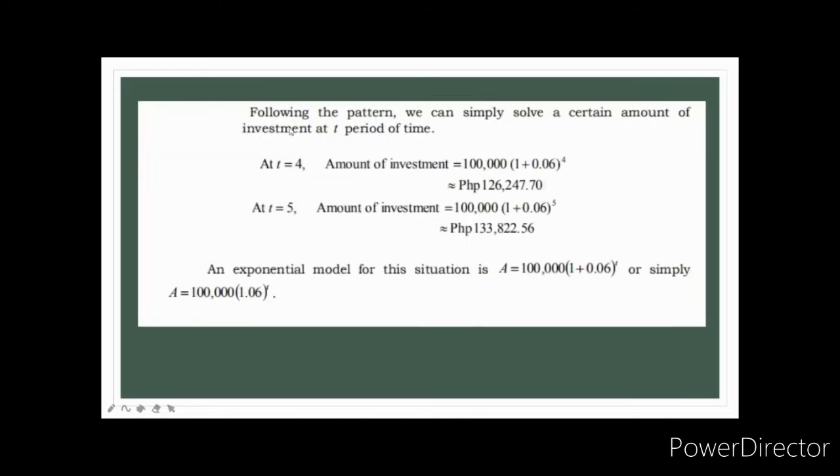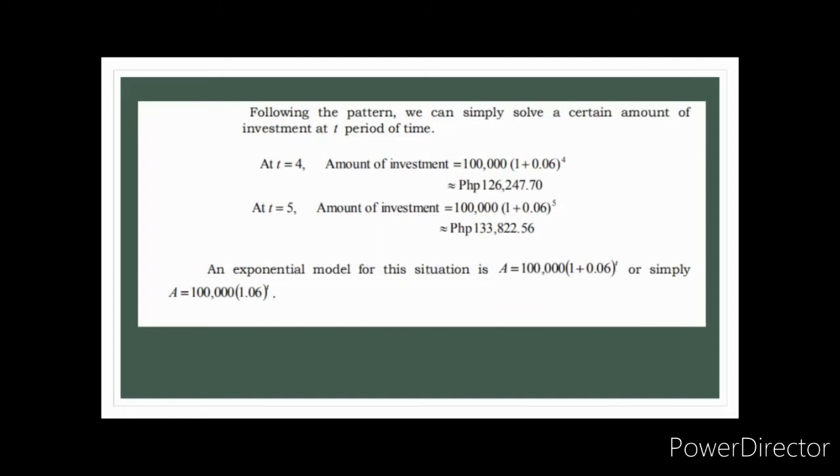Following the pattern, we can simply solve for the amount of investment at a certain period of time t. At t equals 4, the amount of investment is equivalent to 100,000 times the quantity 1 plus 0.06 raised to 4. That is equivalent to 126,247.70.